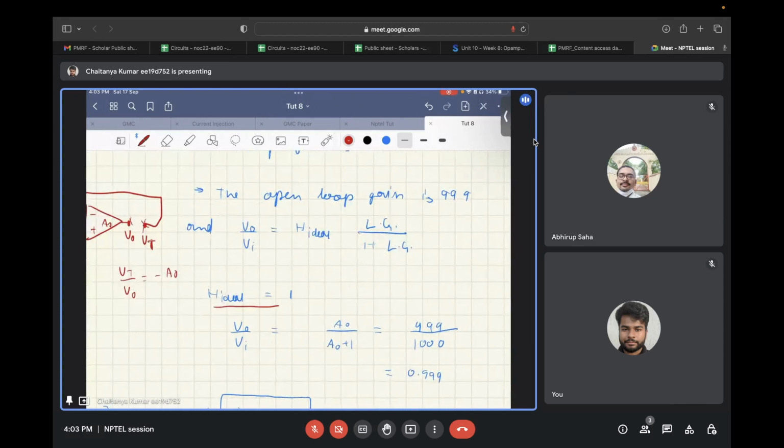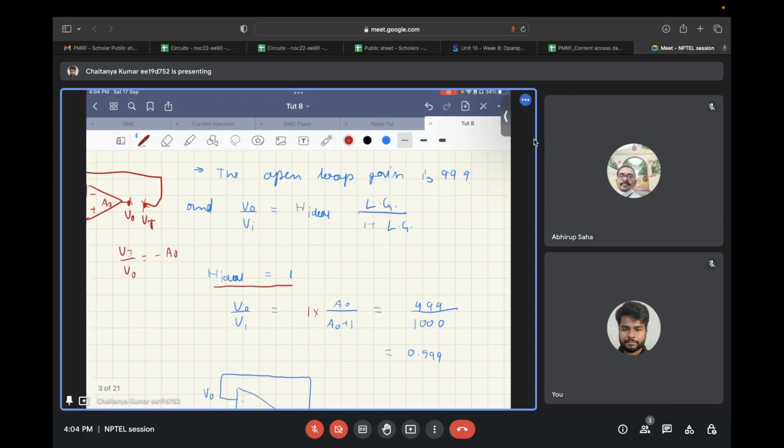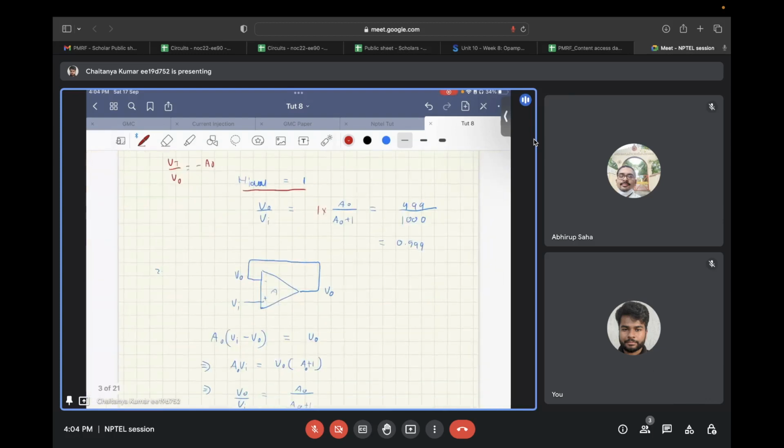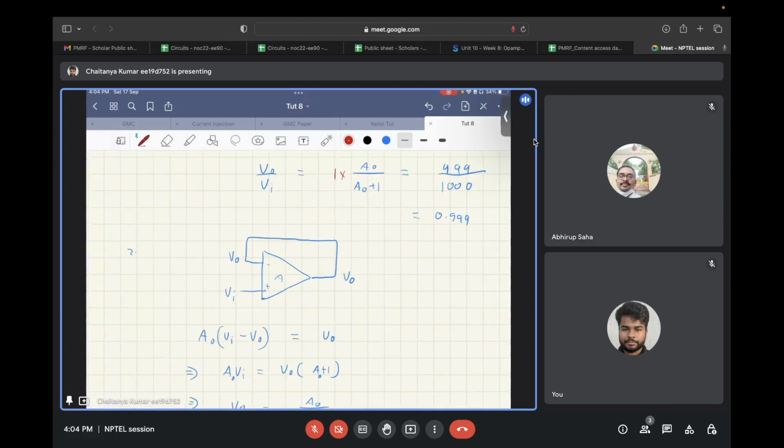In the ideal case, the gain would have been 1. So V out to V in is 1 into A naught upon A naught plus 1, that is 999 upon 1000, that is 0.999.